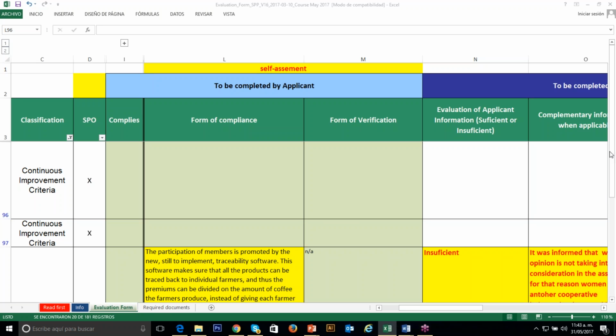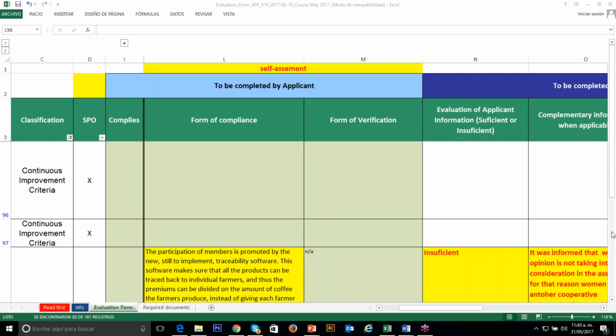Sorry, can you repeat the question? It was about the suspension of the SPO if they do not pay earlier. I cannot hear you very well, sorry, Alfred.